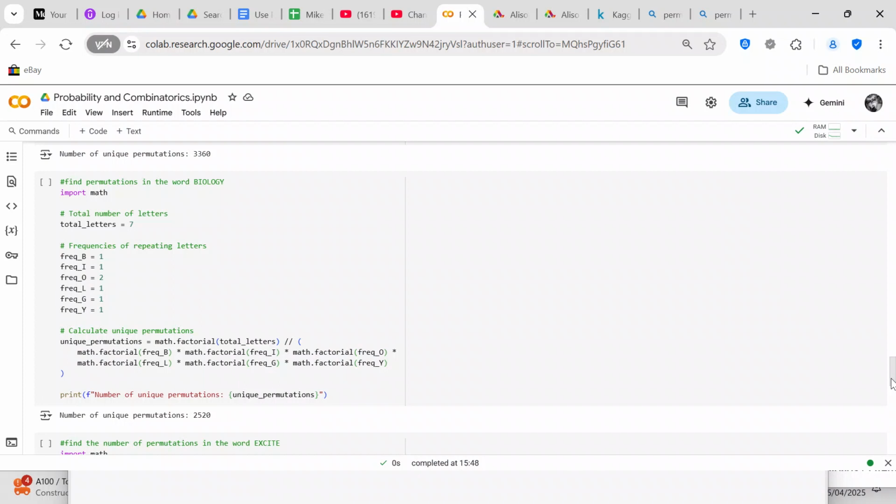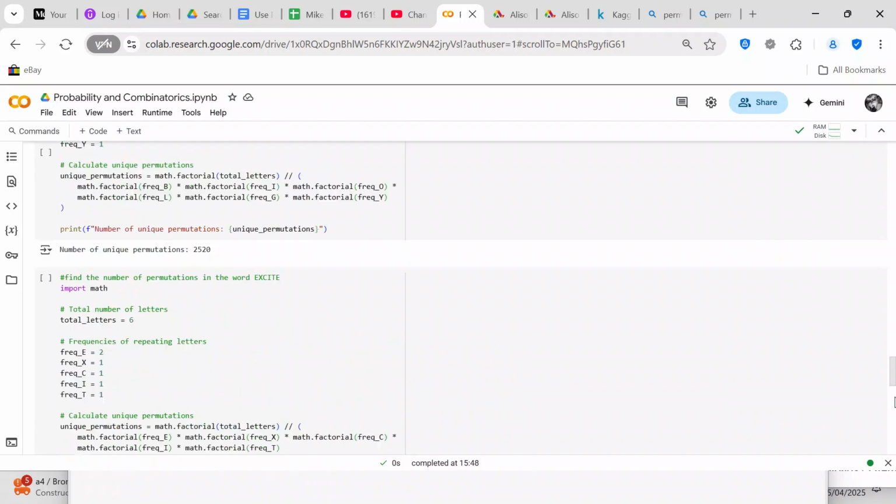Unique permutations equals math dot factorial total letters, and then you do floor division, math dot factorial frequency B times math dot factorial frequency I times math dot factorial frequency O times math dot factorial frequency L times math dot factorial frequency G times math dot factorial frequency Y. And the total number of unique permutations is 2,520.